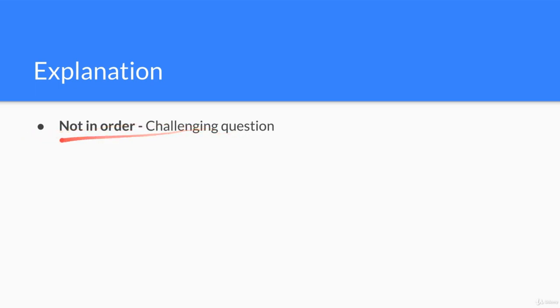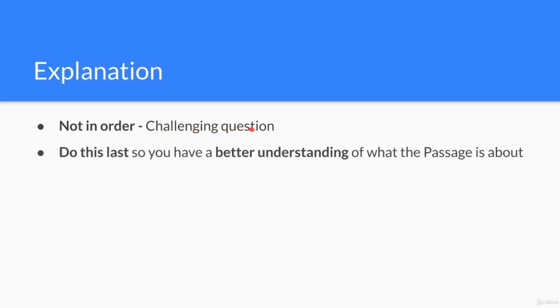So let me give you a little bit more information. As you already know, these questions are not in order, so they are challenging, so save them for last. Because when you save these questions for the end, you will give yourself more time to understand what the passage is about.